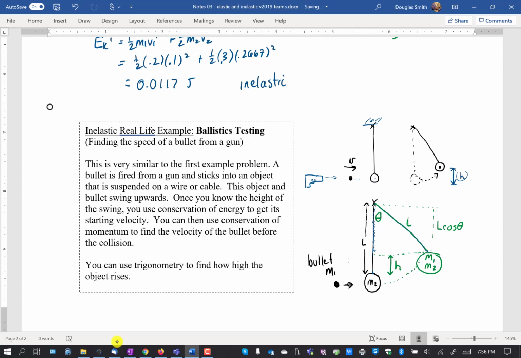So if you know this and you know that, you can figure out the height. Once you know the height, you can get the gravitational energy, then you get the kinetic energy, then you do momentum to work backwards to the starting velocity. Okay, so that is the quick tutorial on using momentum and kinetic energy together.